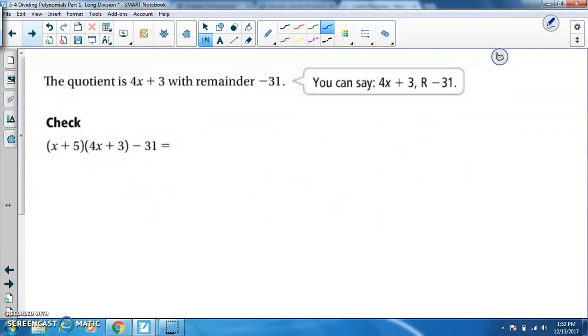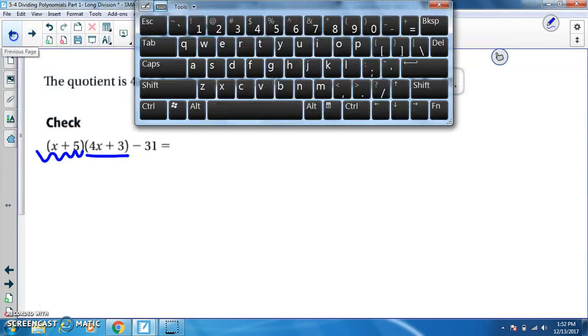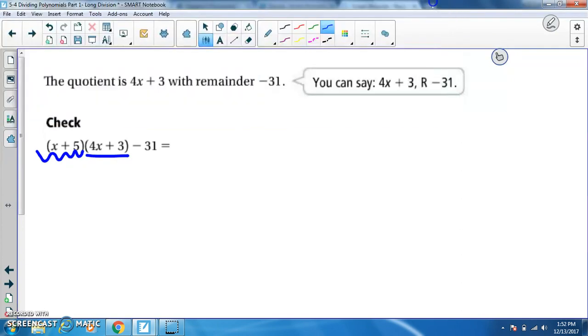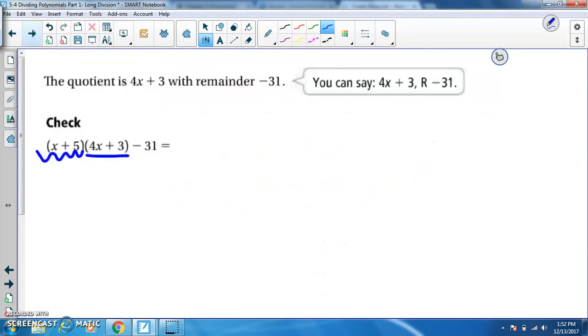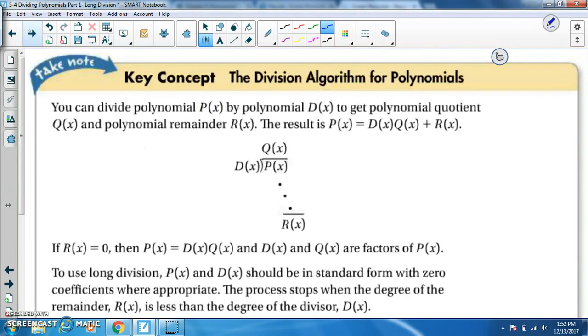Since we have a remainder of negative 31, we could say that x plus 5, which is what we were dividing by, times 4x plus 3, which was our quotient, plus negative 31, or minus 31, would be equal to our original polynomial, 4x squared plus 23x minus 16. If we wanted to check, we would multiply and subtract 31.